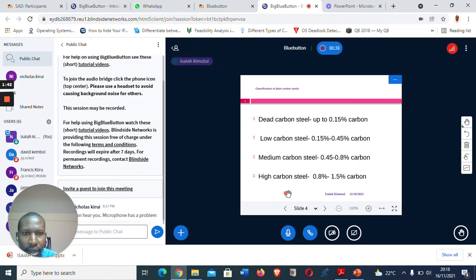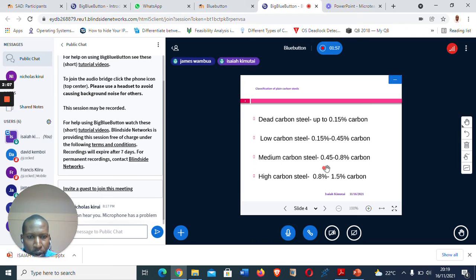Dead carbon steel contains up to 0.15% carbon. Low carbon steel contains between 0.15 and 0.45% carbon. Medium carbon steel contains 0.45 to 0.8% carbon.